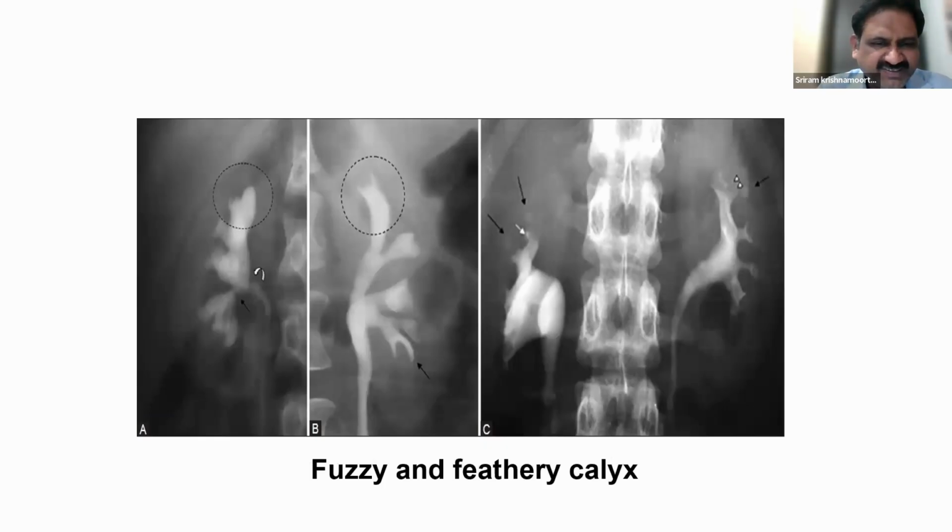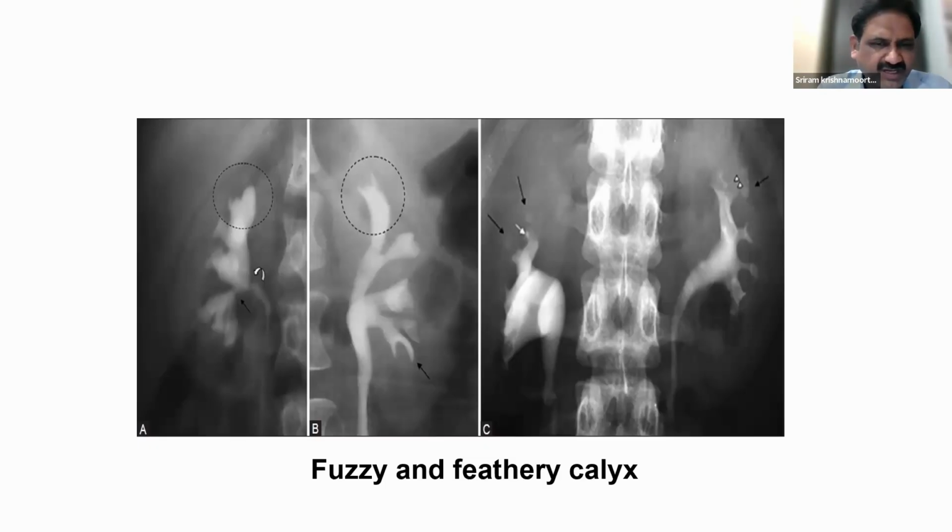This is one example of a fuzzy or feathery calyx. Fuzzy feathery calyx is the earliest finding that you get in IVU in a patient with GUTB. Most of the time, between two minor calyces, the smaller infundibulum of the minor calyces, are the places where the interlobular arteries lie.